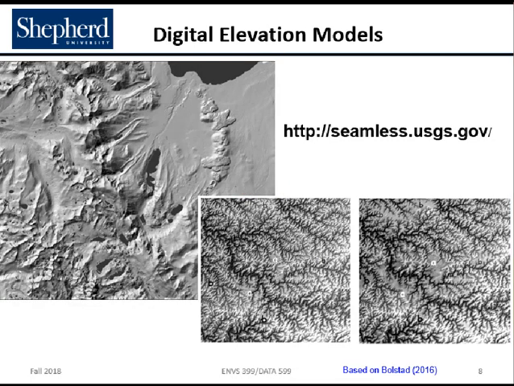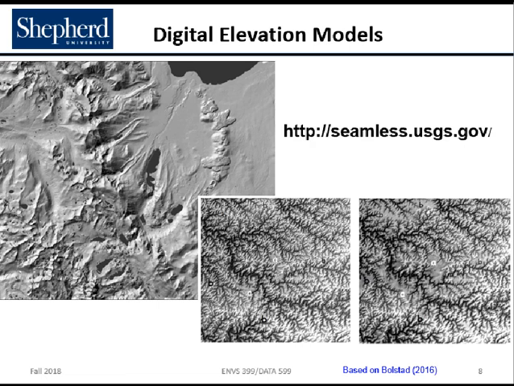Digital elevation models, DEMs, provide elevation data in a raster format and are available at 10-meter or better resolution for all states except Alaska, and are used commonly in data analysis and display. DEMs with 3, 10, and 30-meter horizontal sampling frequencies are available for much of the United States.